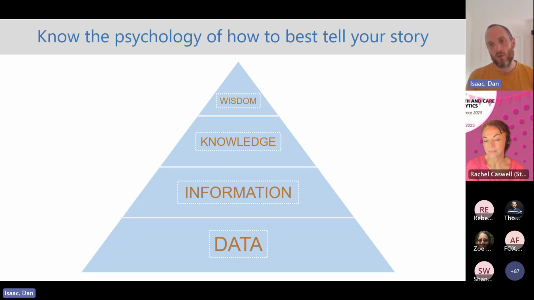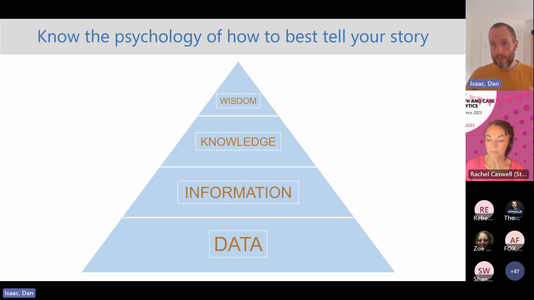And the next thing I wanted to talk about was psychology. The psychology of how to tell your story best, the psychology of how to effectively communicate with data. This is something that I am particularly interested in. And why I'm talking about psychology, I think, is nicely summarized by this pyramid. This pyramid shows us what we do when we have data: we turn our data into information.